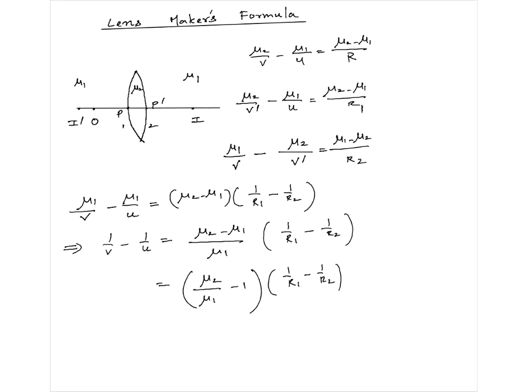Now, we have defined focus. That is, parallel rays come, they meet at a point, that is focus, and we have focal length. So if I take limit u approaching infinity, then v will become f, 1 by infinity is 0, and I would have this.